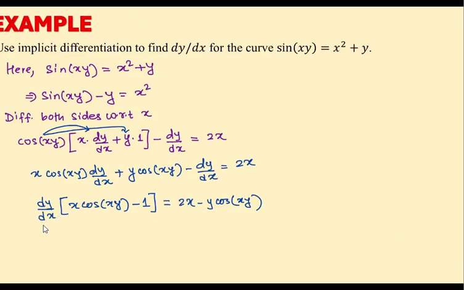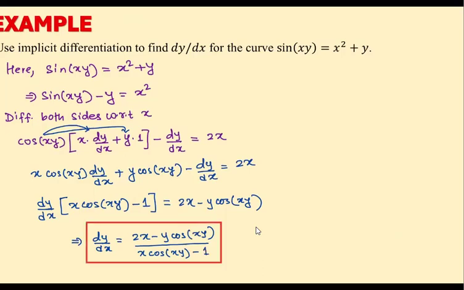If I want to find dy over dx by itself, I have to divide by that quantity on both sides, and we get our final answer. Let me write here. dy over dx is equal to 2x minus y cosine xy, which is already on the right-hand side, divided by the quantity inside the bracket, that is x times cosine xy minus 1.